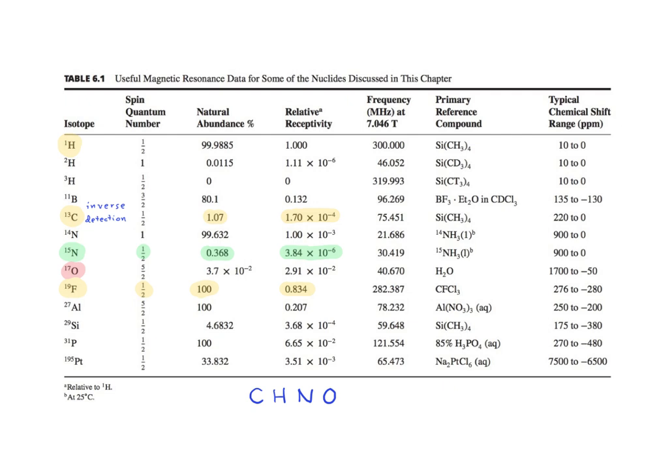And then the last nucleus that we will cover in this course will be phosphorus-31, also spin 1/2, 100% natural abundance. It does have a low relative receptivity.